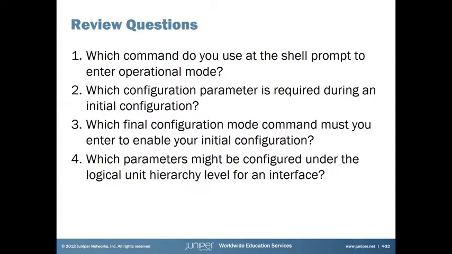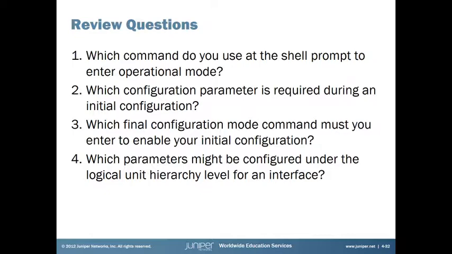Which parameters might be configured under the logical unit hierarchy level for an interface? So what logical things will we configure? Give me some examples of logical things we might configure. What about an IP address? Yeah. IPv4, IPv6.